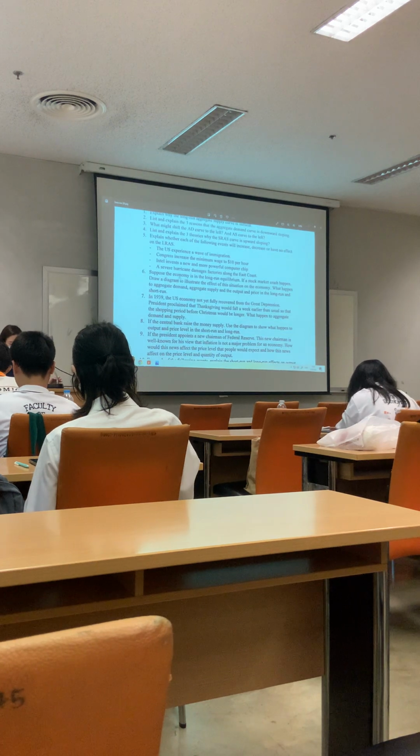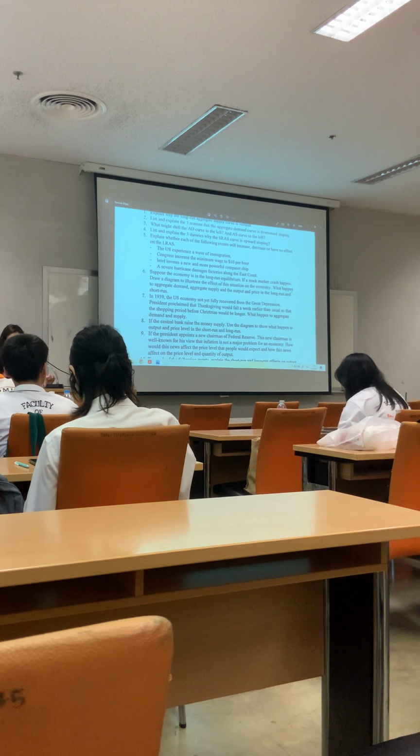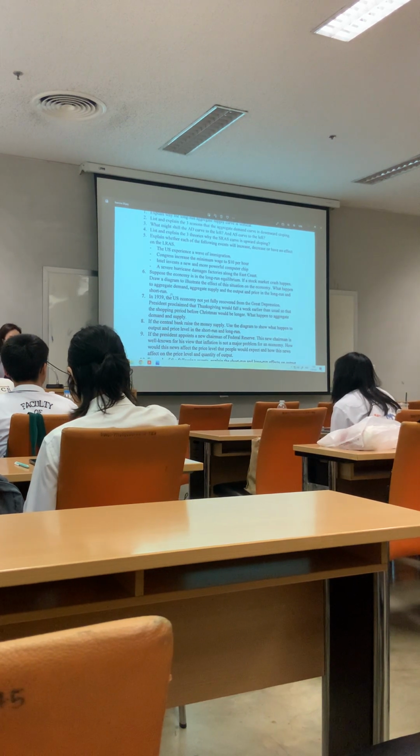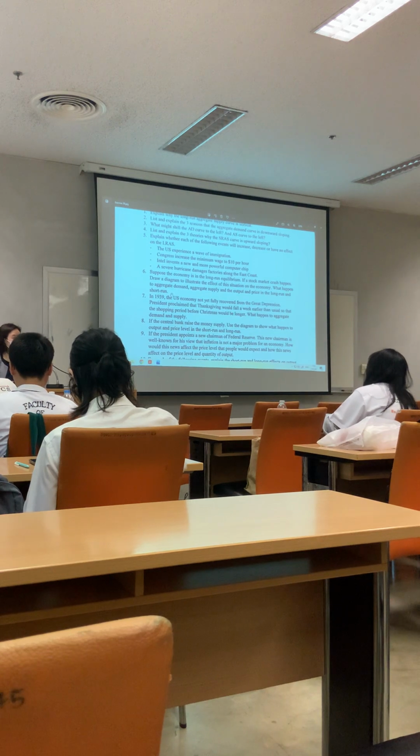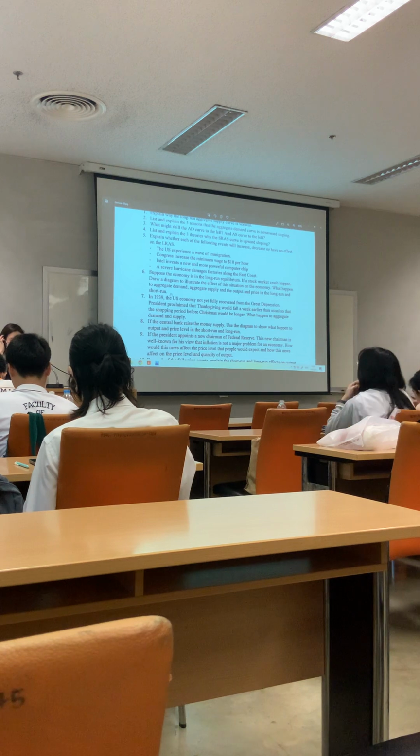Okay. Suppose the economy is in the long run equilibrium. If a stock market crash happens, draw a diagram to illustrate what happened. Just see the keyword here. What happened to AD, AS, output and price in the long run and short run? So you know that they ask about these chapters because this is a long run change and short run change.